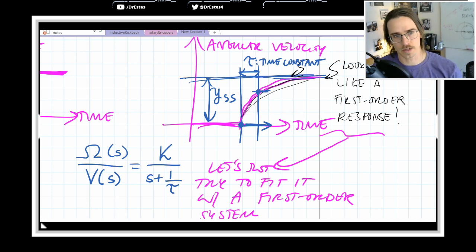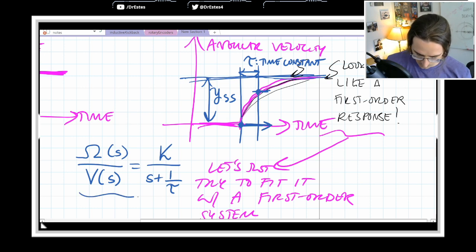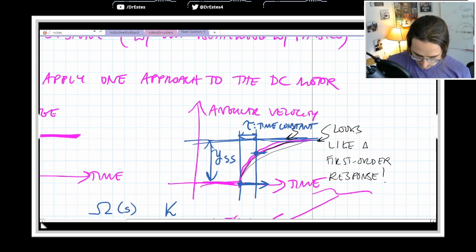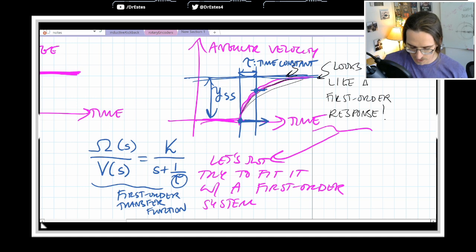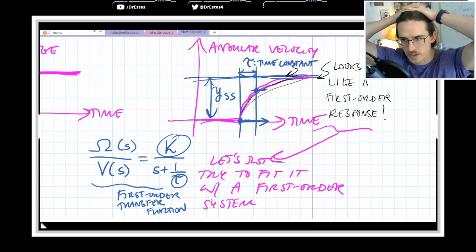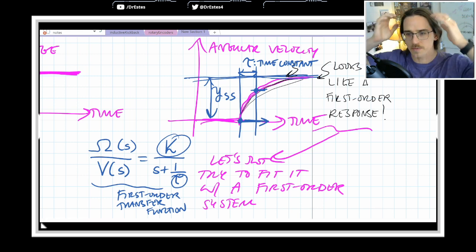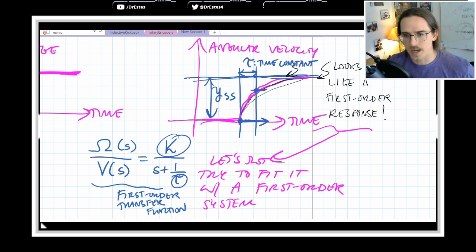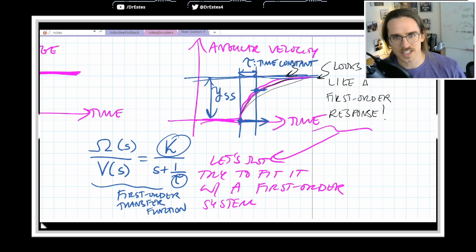But let's not worry about that for now. This right here is a first order transfer function. So there are two key parameters, the time constant and the gain. I don't know what you're saying, Freeman.